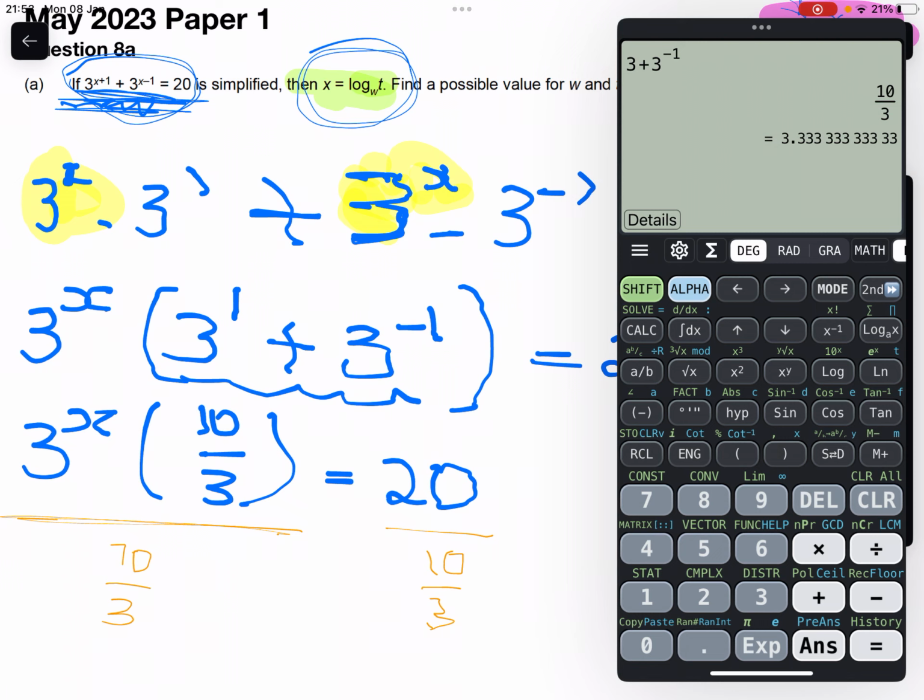So on the left hand side, we'll just be left with 3 to the x. And on this side we can work out 20 divided by 10 over 3, and that just gives us 6.